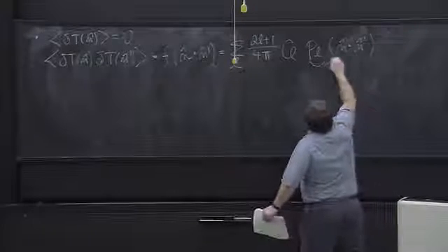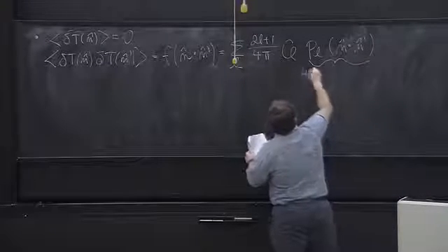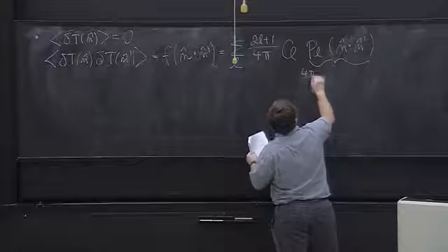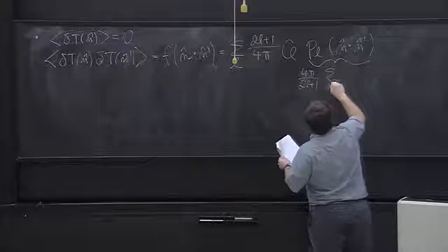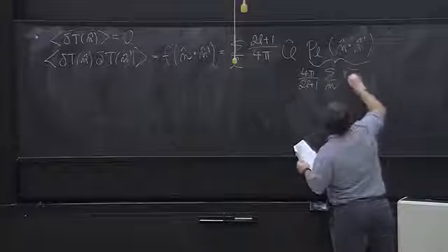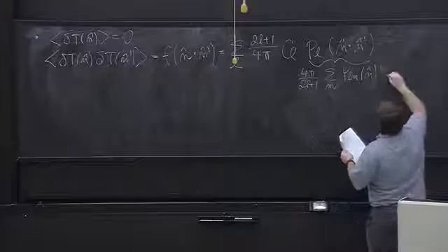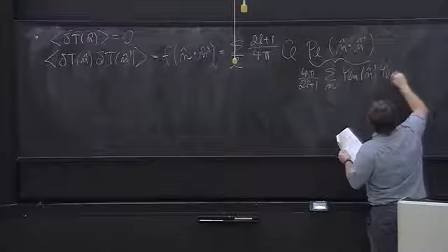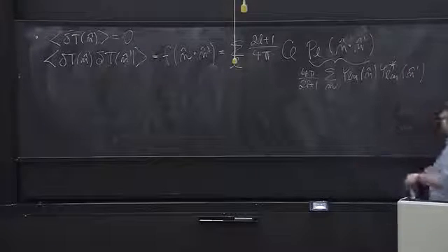However, you can write this P_L in terms of the spherical harmonics: 4π/(2L+1) sum over m, Y_Lm(n) Y_Lm star of n prime.